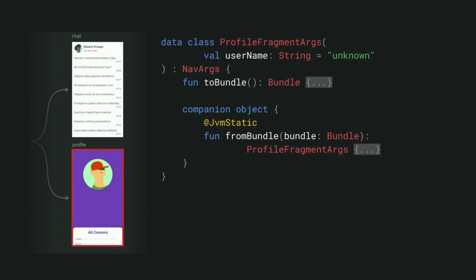SafeArgs also generates a second set of classes, which we call the Args classes. We navigated now to the profile fragment, and we want to parse the arguments. We would use what we call the ProfileFragmentArgs, a class generated by SafeArgs. And this is just a data class that contains your actual types of your arguments. But as you can see, it has these two methods, toBundle and fromBundle.